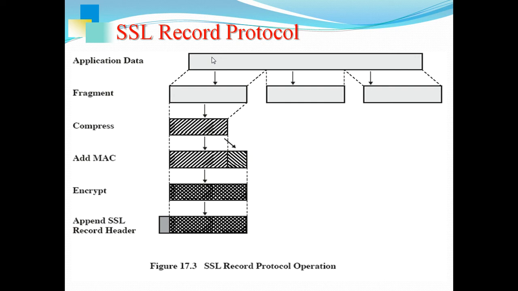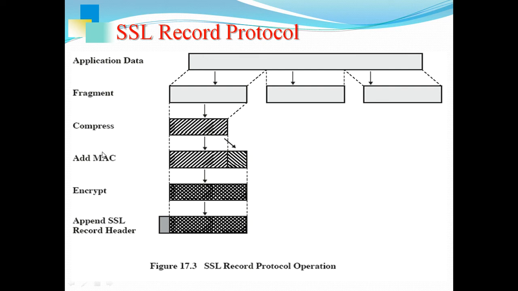Now let's take an example. Assume that the data is from the application layer. First, this application data is divided into fragments. Fragment means some blocks. Then each fragment is compressed, reducing its size, using some compression algorithms.